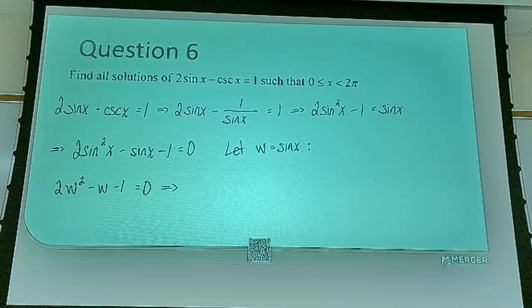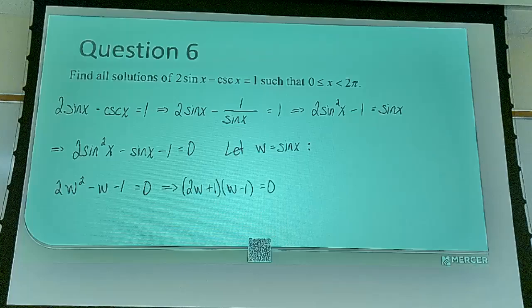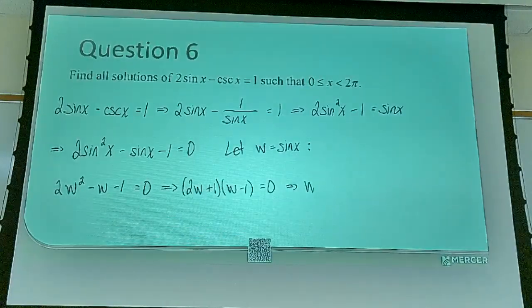Can, right? You should see that you get either w is negative 1/2 or w is 1.